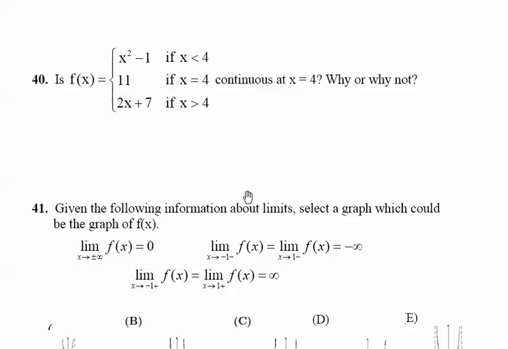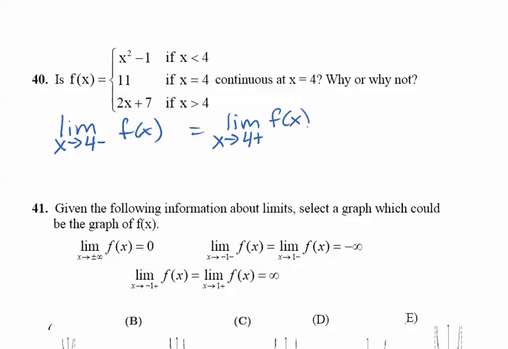Is this piecewise defined function continuous at x equals 4? Well, let's find out. The limit as x approaches 4 from the left side would have to equal the limit as x approaches 4 from the right side. And that cannot be a pop point. It has to be exactly equal to what we would get by direct substitution.